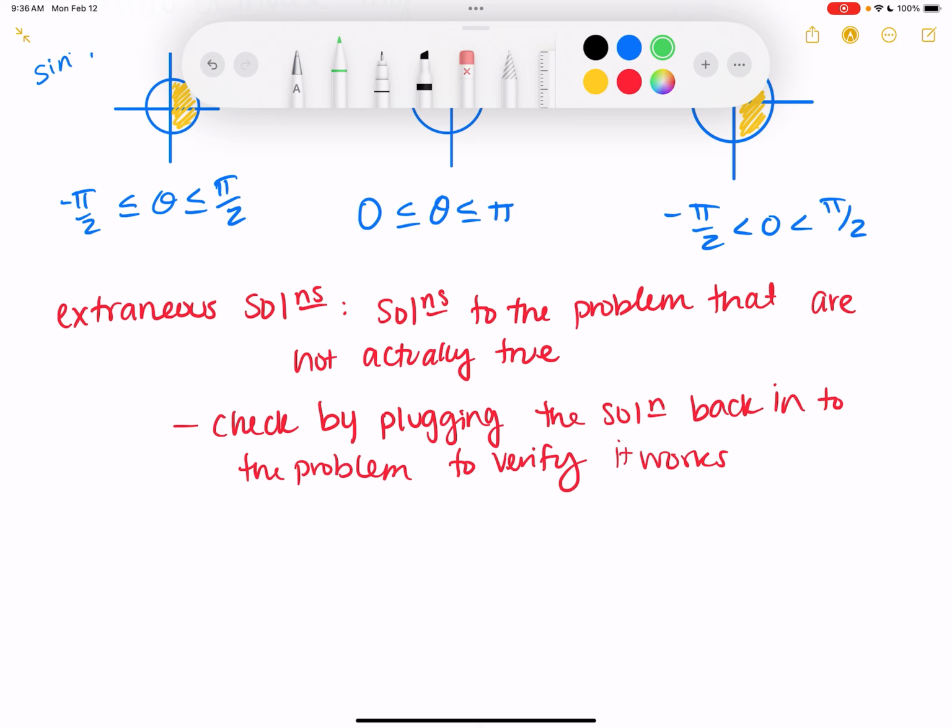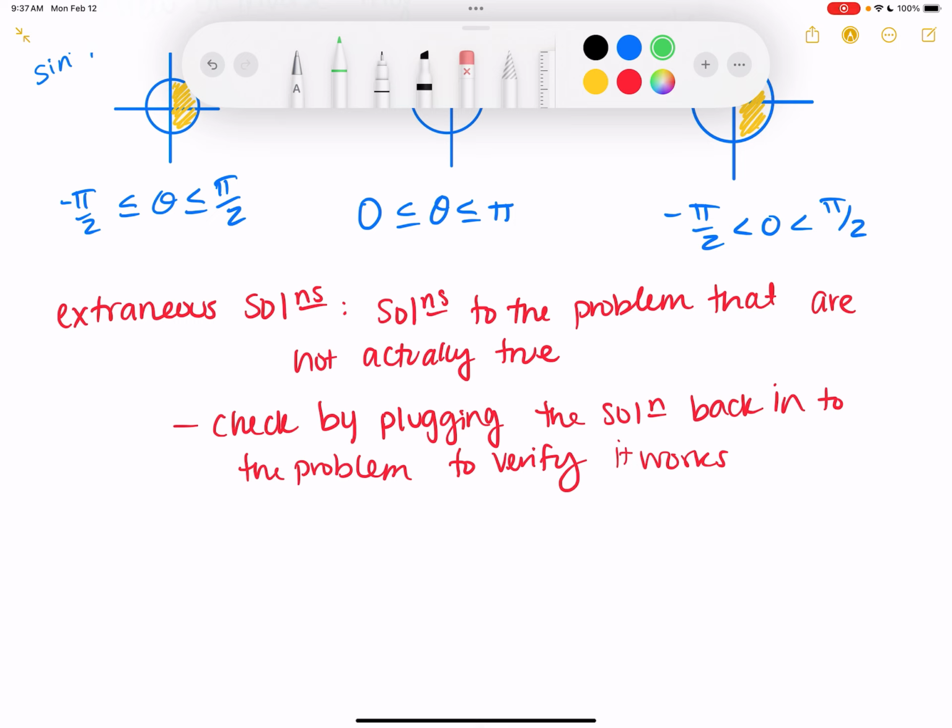All right, what you're going to notice is that some of these problems say something like find the general solution, or some are going to say find the solution on the interval like 0 to 2 pi. So we have to check and see which one it's wanting for each particular problem.